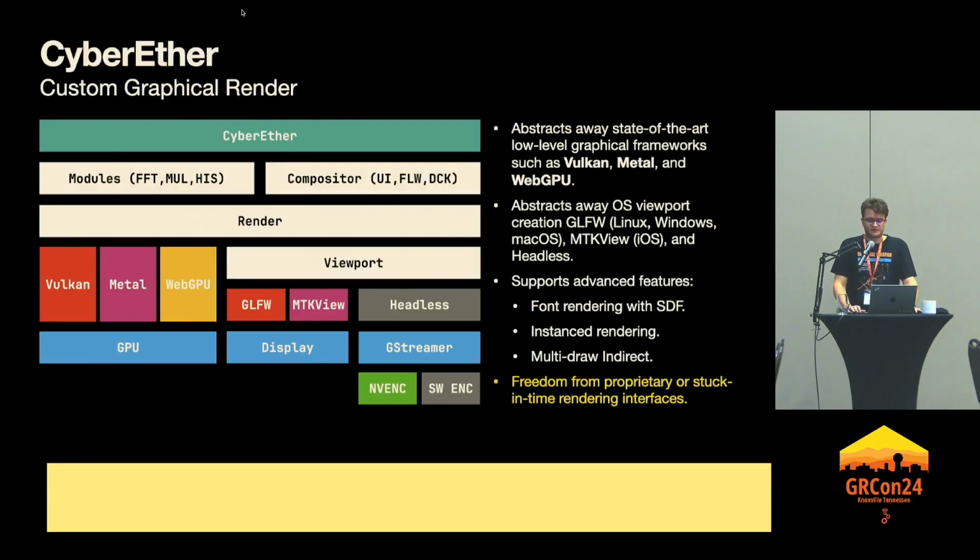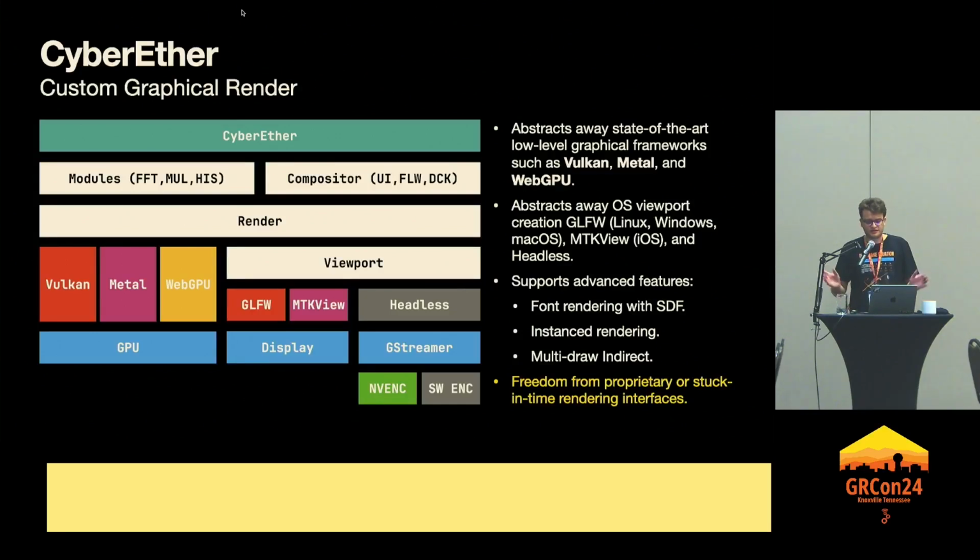And the render supports multiple advanced features that are new for this year. One of them is font rendering, so you can draw text on your plot in a very efficient way. With instanced rendering, if you have the same element happening multiple times, instead of repeating a vertex buffer, you can just tell the render to repeat those at certain locations, so you don't need to spend memory, and your GPU can do batch processing to draw everything faster.